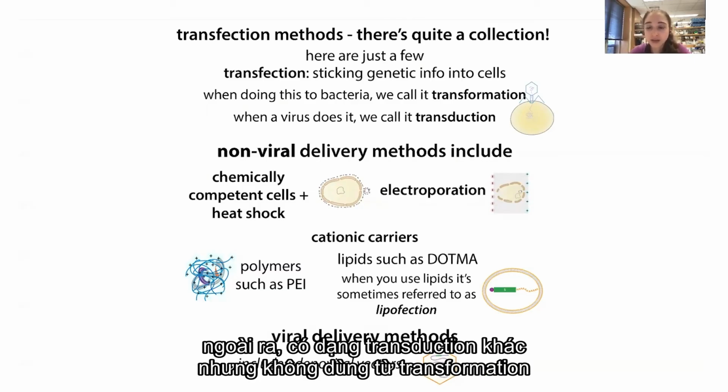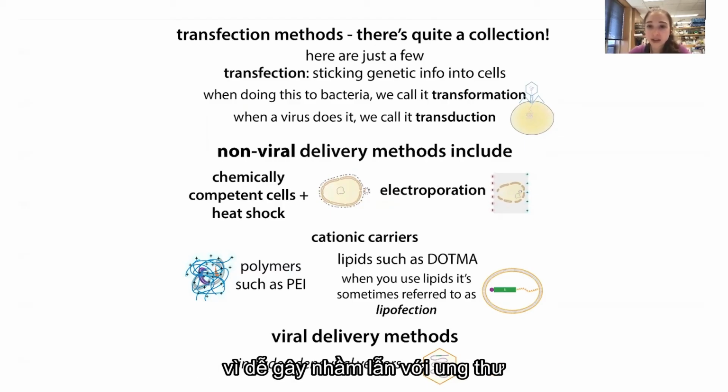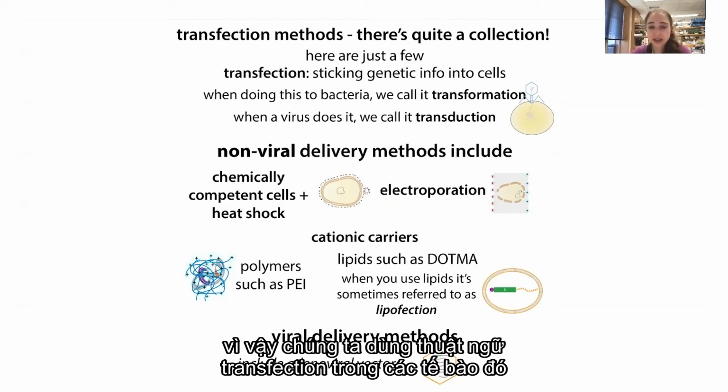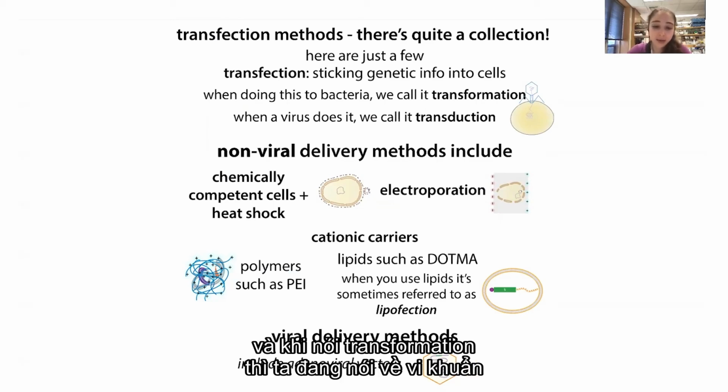Transformation is a form of transfection, but we don't use the word transformation for things other than bacteria, because it's too confusing with things like cancer. So we use the term transfection in those cells, but we use transformation when we're talking about bacteria.